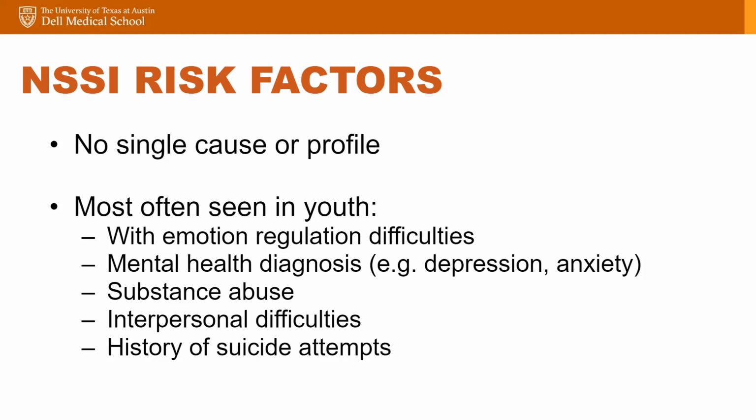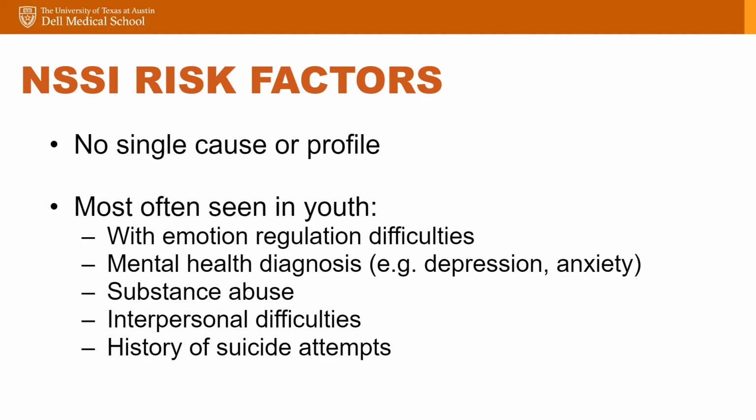So interpersonal problems seem to be more common among these youth as well, as is a history of suicide attempts, right? There is evidence and data out there to show that kids and teens who have a history of suicide attempts tend to be at higher risk for engaging in self-injurious behavior.